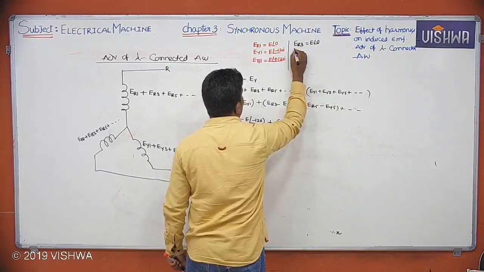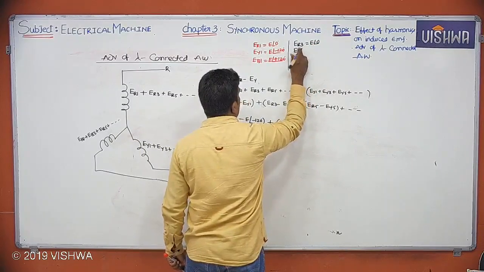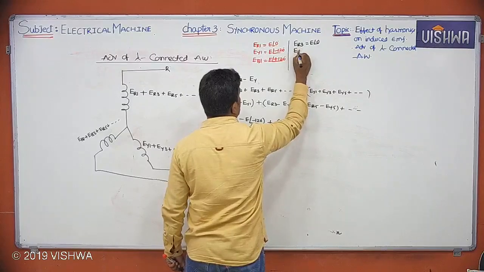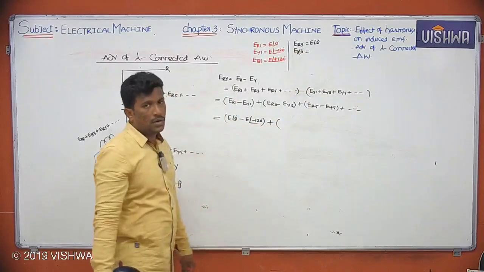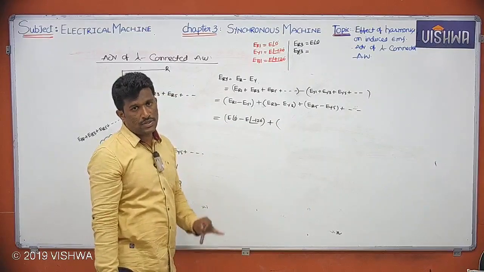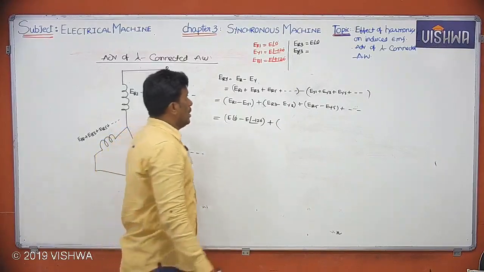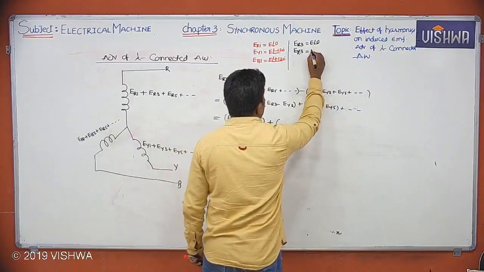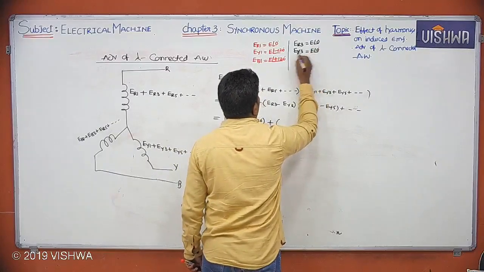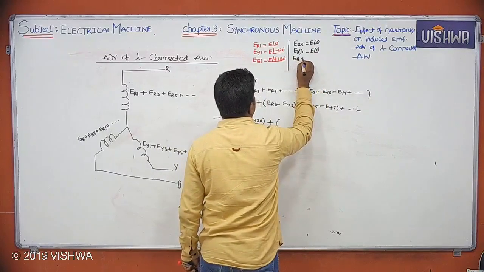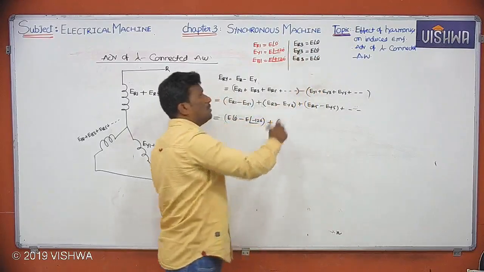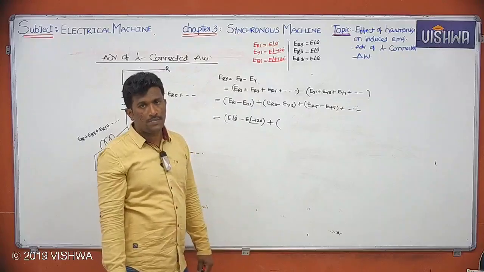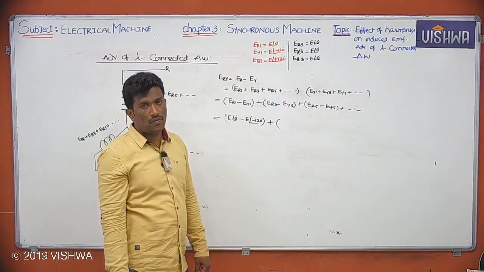You know already this third harmonic voltage can be called zero sequence voltage. Please refer to the transformer topic, where I told positive sequence currents, negative sequence currents, and zero sequence currents also. ER3 is E at 0, EY3 also E at 0, EB3 value how much? E at 0. They are displaced by 0 degrees. That's why these voltages can be called zero sequence voltages, triplen harmonic voltages, cophasal voltages.